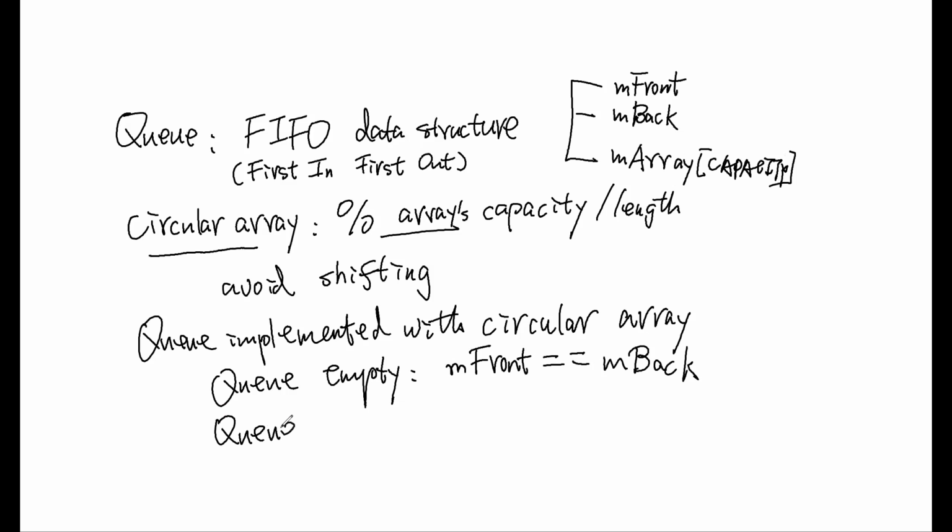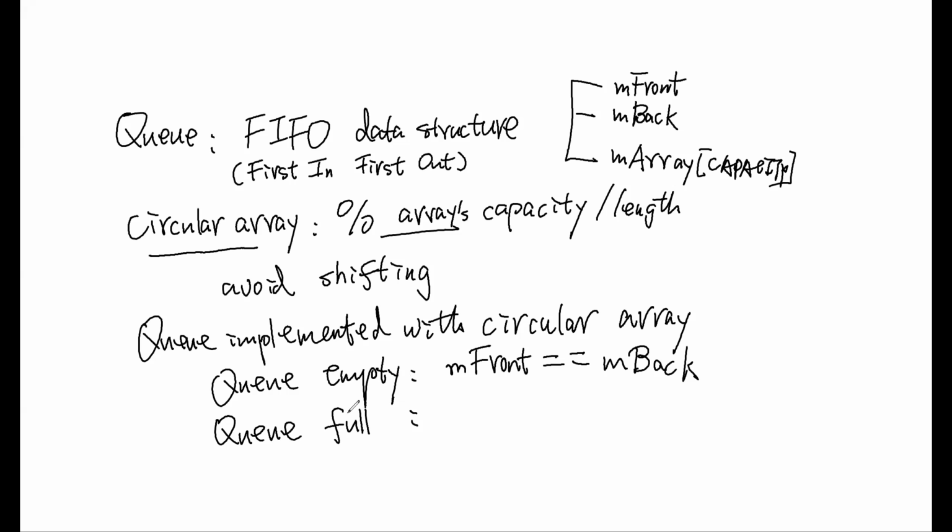And because it's an array, we also have a queue full condition. When the queue is full in the circular array that we drew yesterday, who still remembers? Just visually, front equals back plus 1.